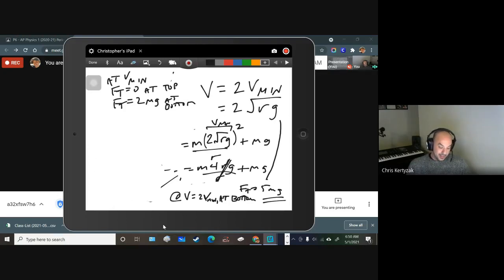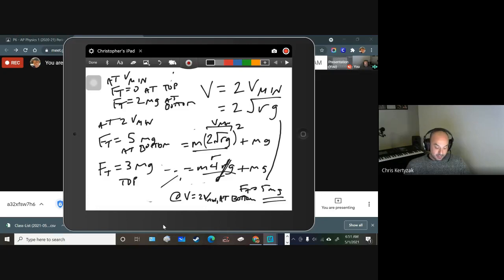And then they might reference, at 2 times V min, FT equals 5 mg at the bottom. And I will tell you the result is 3 mg at the top. Because if we did it for the top, this is all the same, just that it becomes a minus, right? So we'd end up with 4 mg minus mg, which would be 3 mg, right?